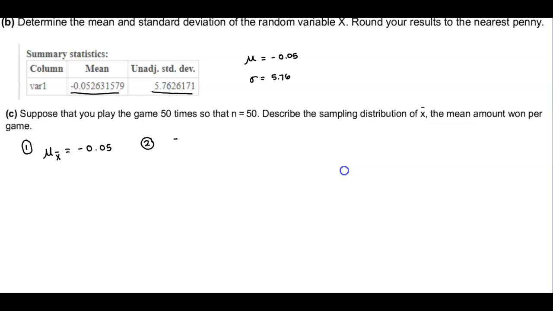We know that the population standard deviation is 5.76, and n is going to equal 50. Using our formula for the standard deviation of the sample mean, that's the population standard deviation over the square root of the sample size. So this is going to be 5.76 divided by the square root of 50.